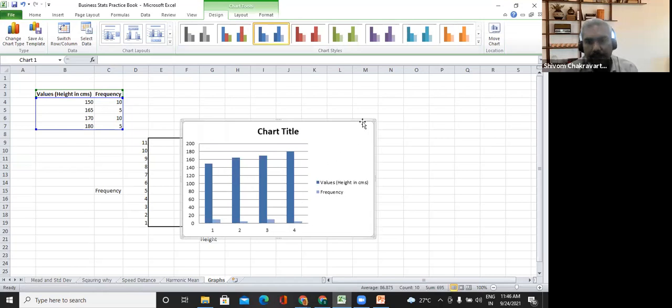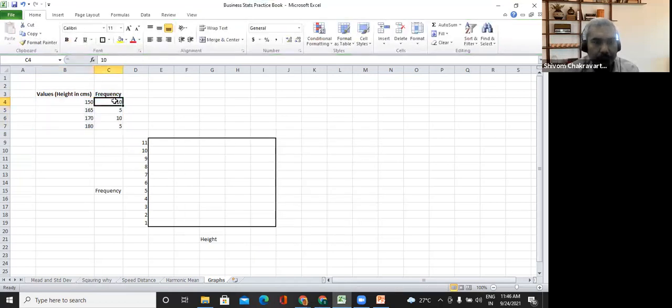Okay, it has taken these two as axes, so we do not want that. By the time you can draw it in your notebook, label the height axis 150, 160, 170, 180, 190, and the frequency, and draw those bars. This diagram will be called a histogram.